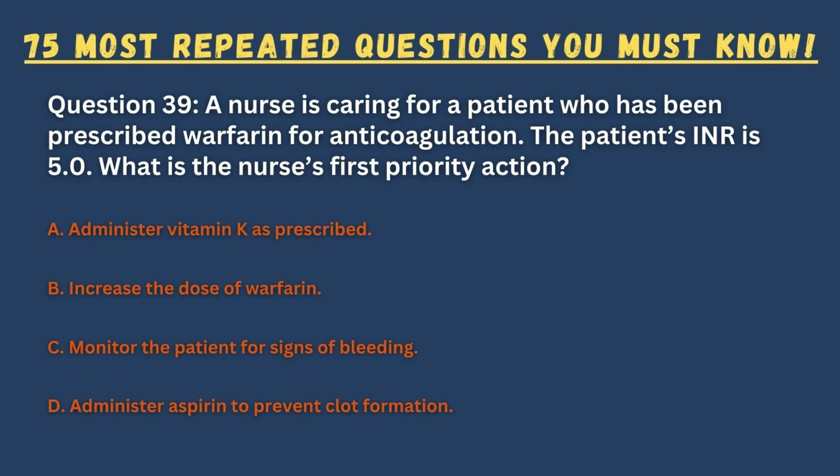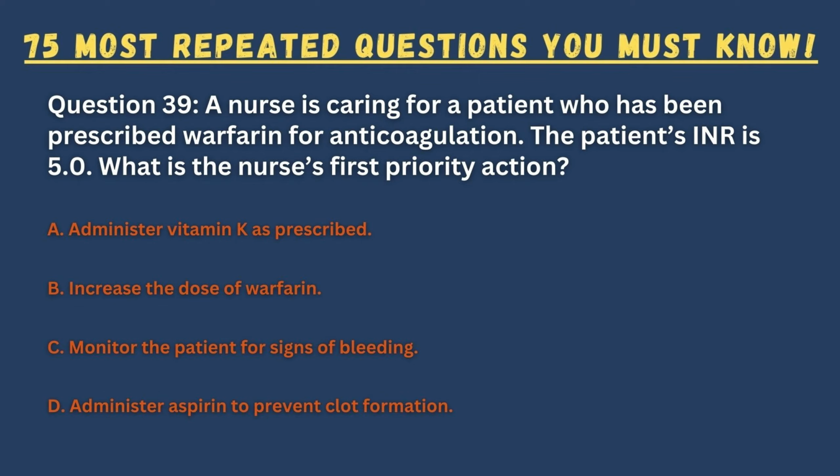Question 39. A nurse is caring for a patient who has been prescribed warfarin for anticoagulation. The patient's INR is 5.0. What is the nurse's first priority action? A. Administer vitamin K as prescribed. B. Increase the dose of warfarin. C. Monitor the patient for signs of bleeding.